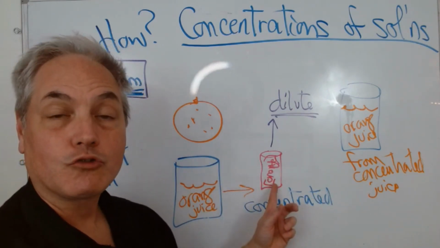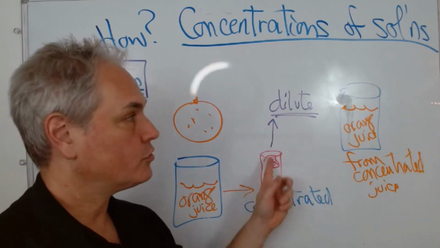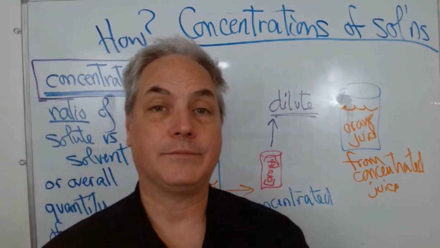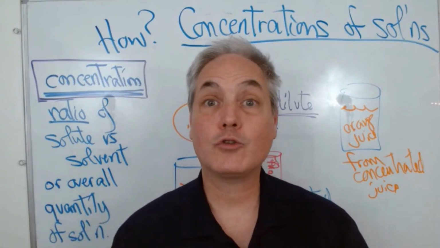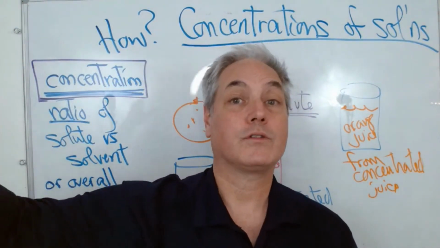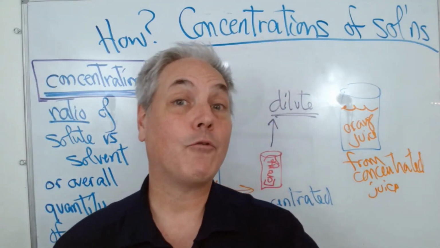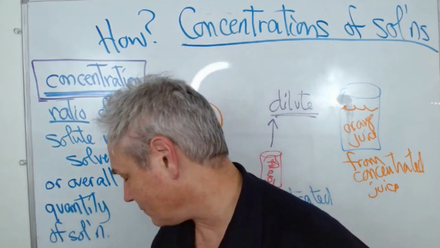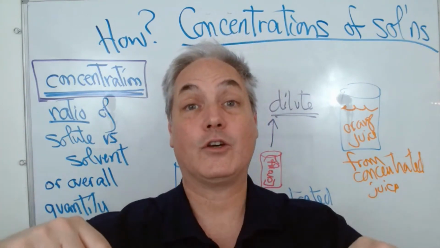And then when we are ready, we dilute this concentrated juice with water, and then we get the juice from concentrated juice. If you wanted to know, you can always check in the grocery store. You'll have fresh juice. You'll have juice from concentrated. Sometimes you even have a mix. So this is the basis for this video today.